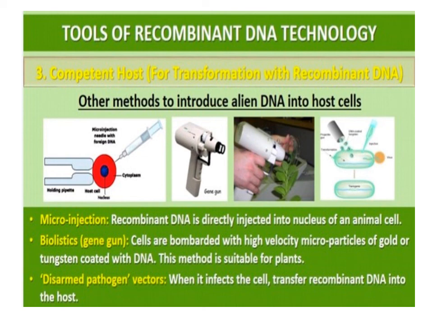The tumor-inducing Ti plasmid of Agrobacterium tumefaciens is modified into a cloning vector which is not pathogenic but can use the mechanism to deliver genes of interest into plants.